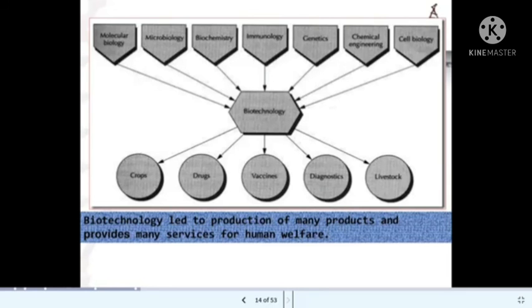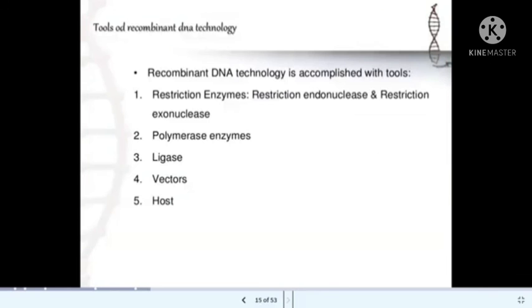As a result of a combined effort, you get products like crops. You can introduce that technique into crop production, in the drug industry, in production of vaccines, and in diagnostics and livestock. So it has multiple areas of implementation.